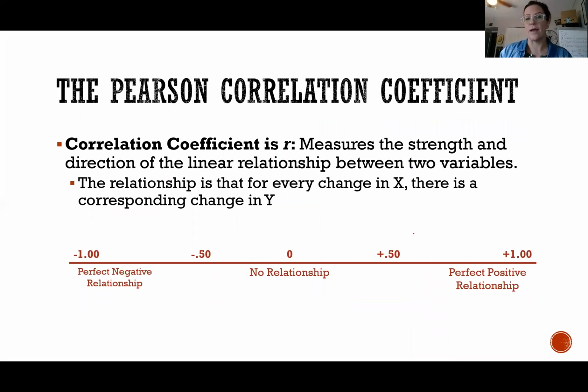To describe this, the Pearson correlation uses what's called the correlation coefficient, which is r. r is the correlation coefficient. And that measures the strength and direction of the relationship between two variables on a straight line, so a linear relationship.